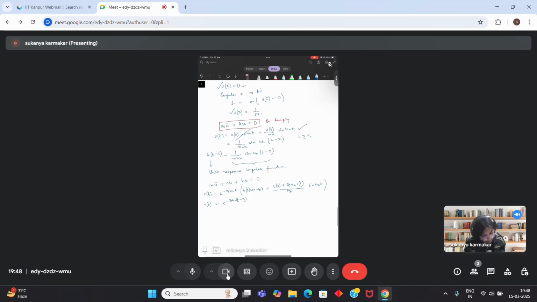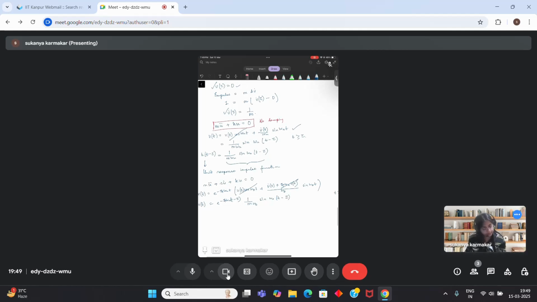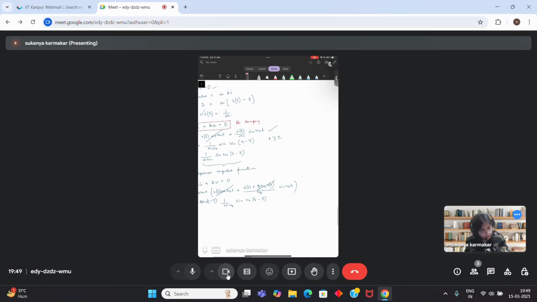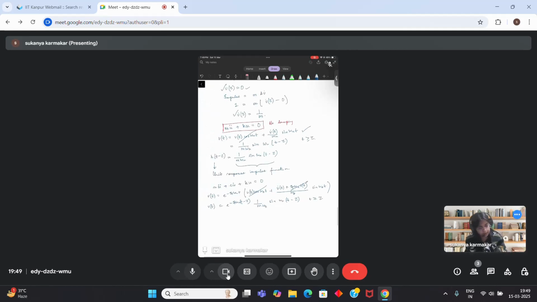U dot 0 is 1 by m. Again, this term is 0. So 1 by m omega d sine of omega d times t minus tau. Now this is when damping is present in the system.